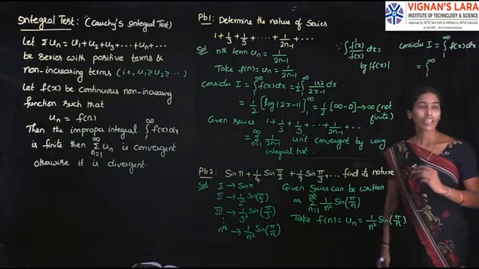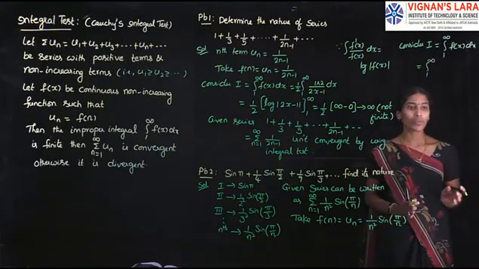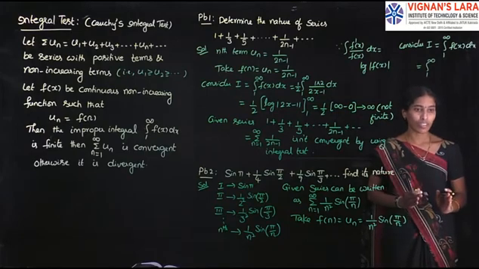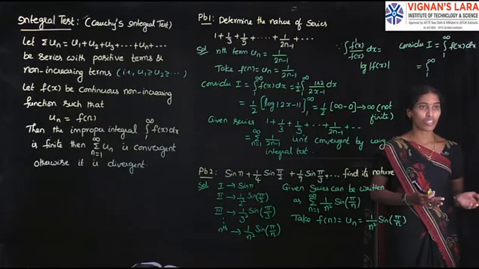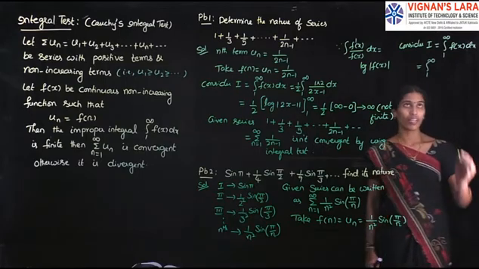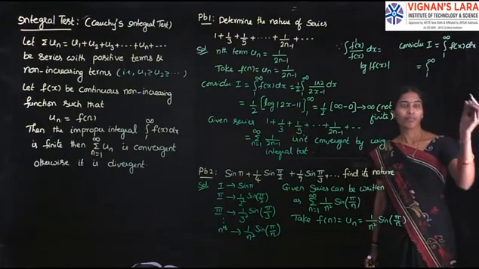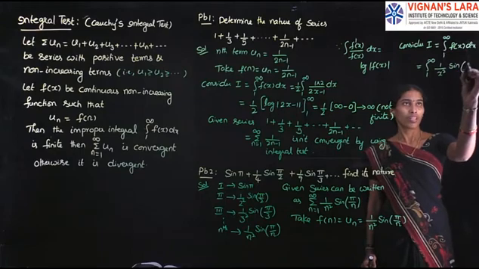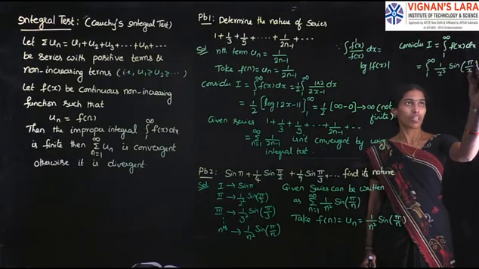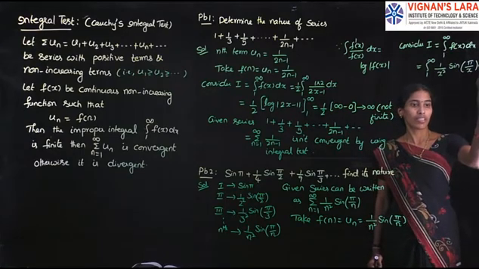If this integral value is a finite value, then the given series is convergent. If the integral value tends to infinity, then the given series is divergent, otherwise not convergent, right? So what is f of x? 1 by x square sine of pi by x dx.